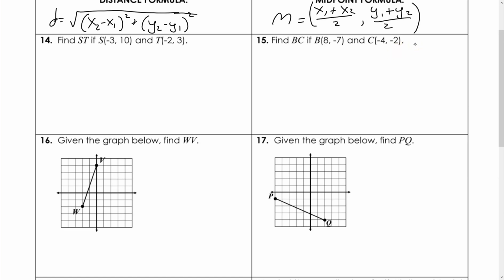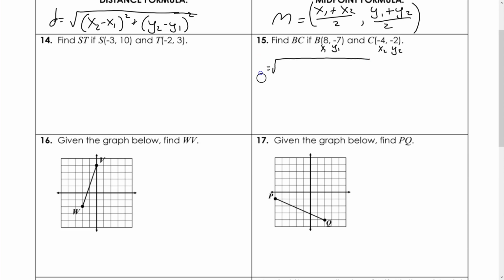So what we have to do is use the distance formula. So let's call this x1, y1, x2, y2, and we can go ahead and do the formal formula. D equals, right, where D is actually BC.